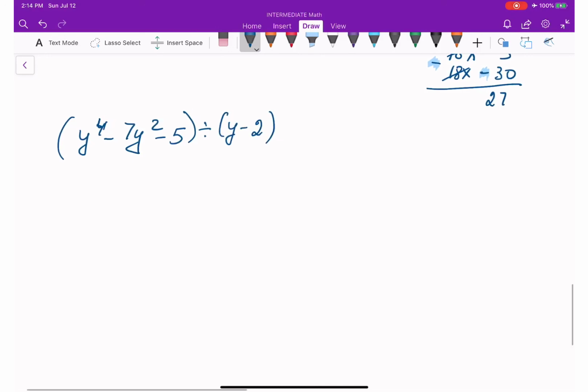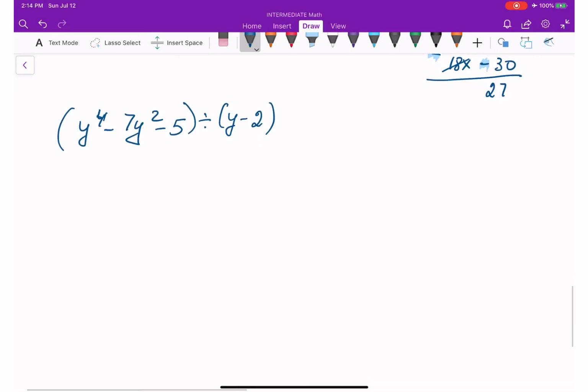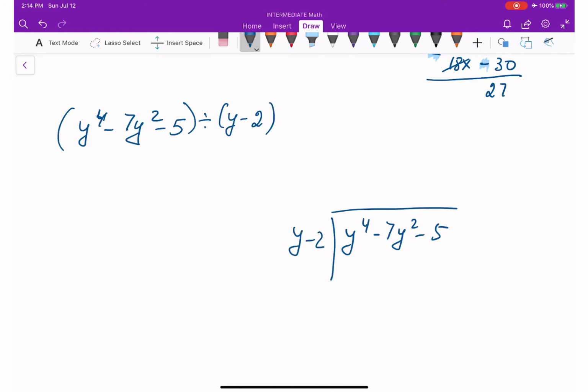Okay, so let's see. y to 4 minus 7y squared minus 5 divided by y minus 2. Oh, we have gaps here. Okay, let me clean here. We have two gaps actually, so it's going to be minus 0y cubed, and then minus 7y squared, and then minus 0y, and then minus 5. Now we have the whole set.